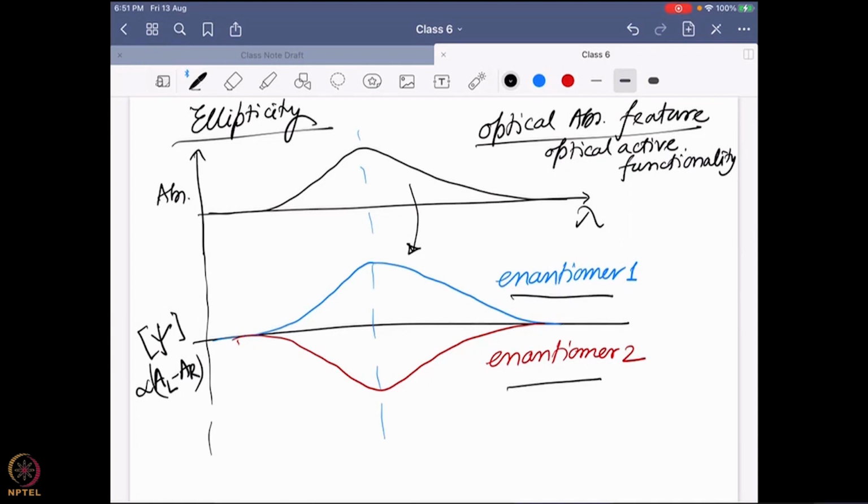And if you remember, we talked about the cotton effect earlier. The blue one will be the positive cotton effect corollary. So this is not known as positive cotton effect, but what I'm saying is, if I am going to measure the optical rotation over here also, that will show the same effect, a positive cotton effect for the blue one, and the negative cotton effect for the red one.